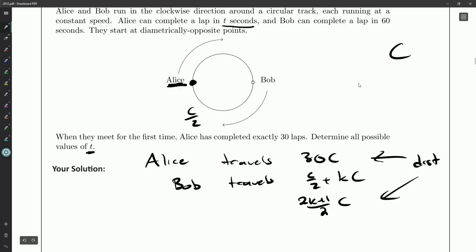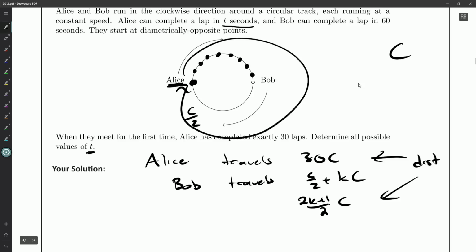Then by the time she completes one lap, where would Bob be? Well, if she's faster, Bob hasn't quite completed a lap. He'd be about here. And as she goes again, in her view, Bob is slowly moving backwards relative to her.